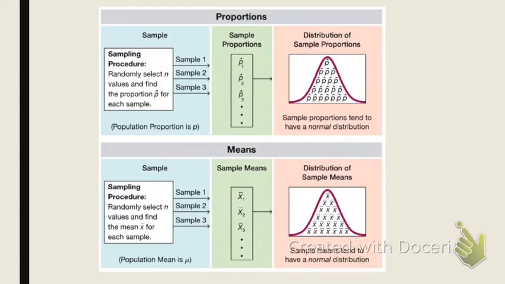Here's a visual of what sampling distributions look like. So all of these little p hats are all the possible pairs of people. All the possible pairs, all the samples, and they all create a bell shape, a normal distribution. Same with means.